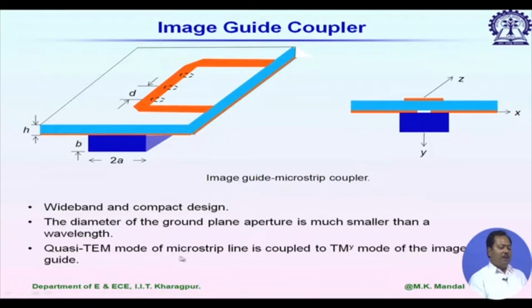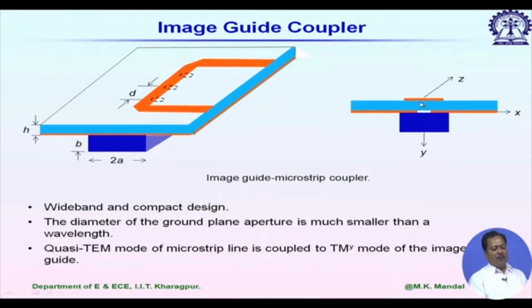Quasi TEM mode of microstrip line is coupled to TM2Y mode of the image guide. So, for TM2Y mode, if you remember, we have the highest EY component which is perpendicular to the ground, near the ground, and also we have a component along Z inside the image guide which has highest value on the dielectric air interface.